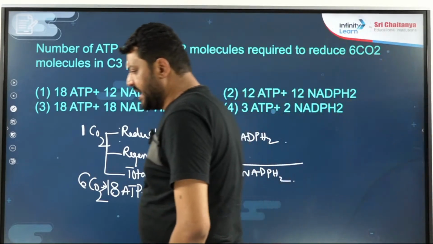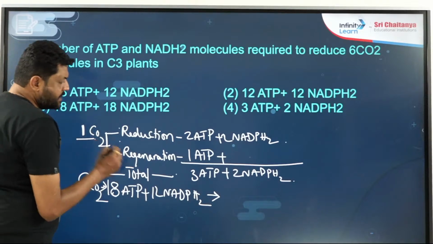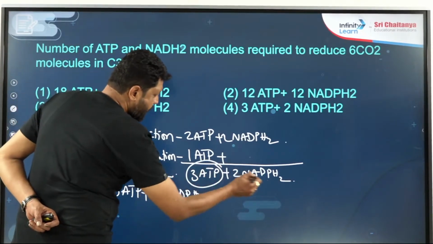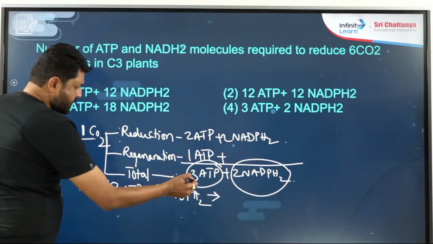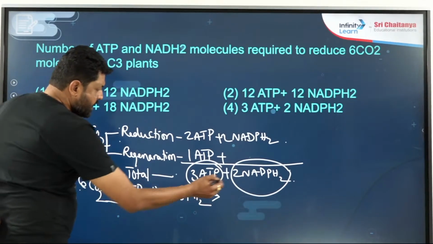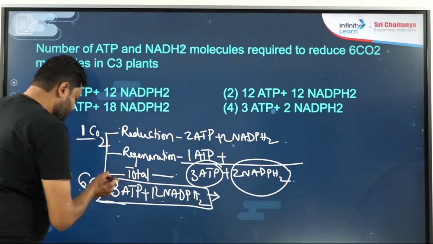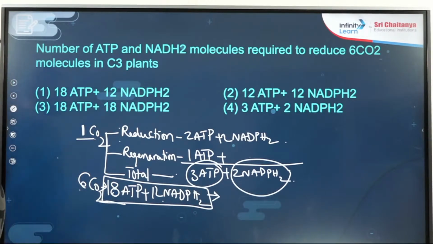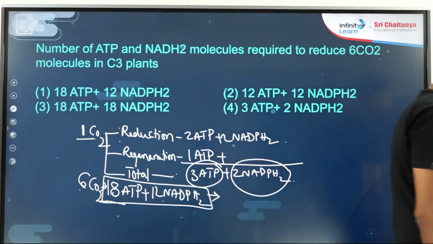Then it is very easy. For 1 CO2, that is 3 ATP and 2 NADPH2, then multiply with 6: 3 sixes are 18 and 2 sixes are 12. So that is 18 ATP and 12 NADPH2, called reduction power or reducing power.